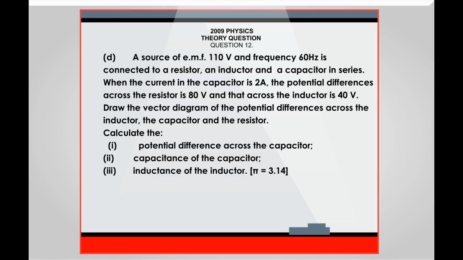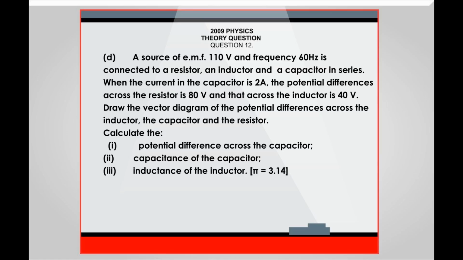D. A source of EMF 110 volts and frequency 60 Hz is connected to a resistor, an inductor and a capacitor in series. When the current in the circuit is 2 amperes, the potential difference across the resistor is 80 volts, and that across the inductor is 40 volts.